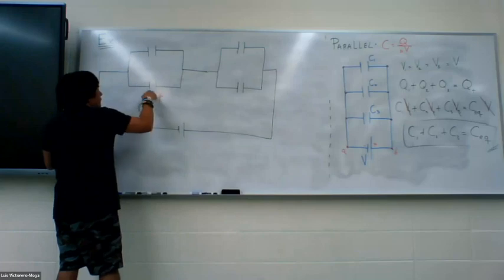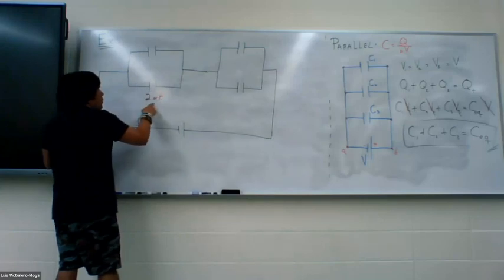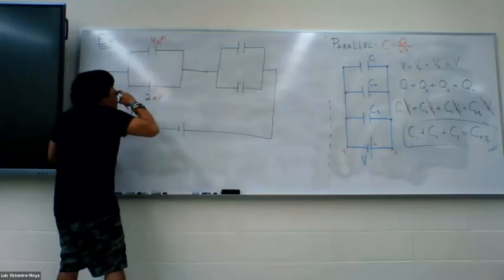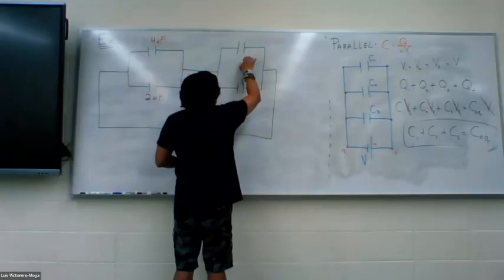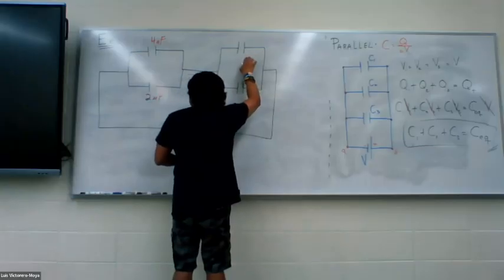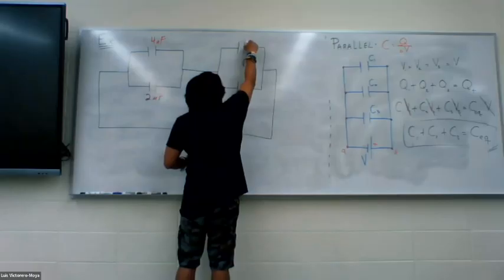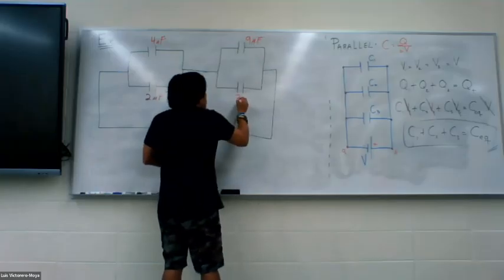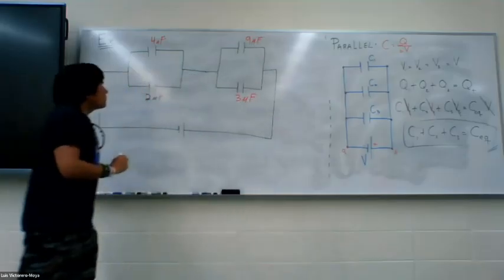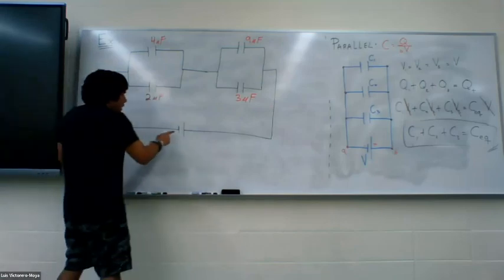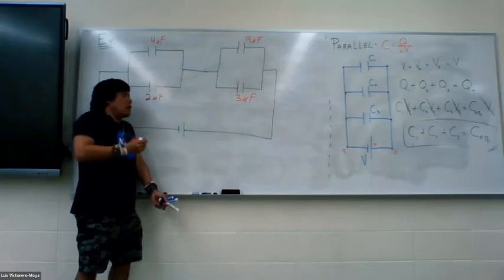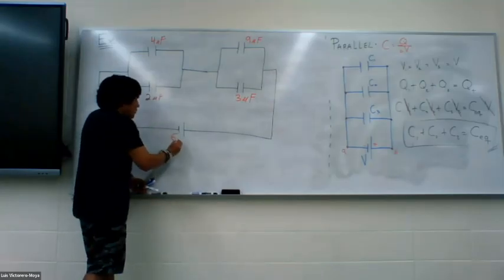So this is the capacitance of this, 2 microfarads. 4 microfarads. 9 microfarads and 3 microfarads. And then the power supply, the voltage, let's say it's 6 volts.